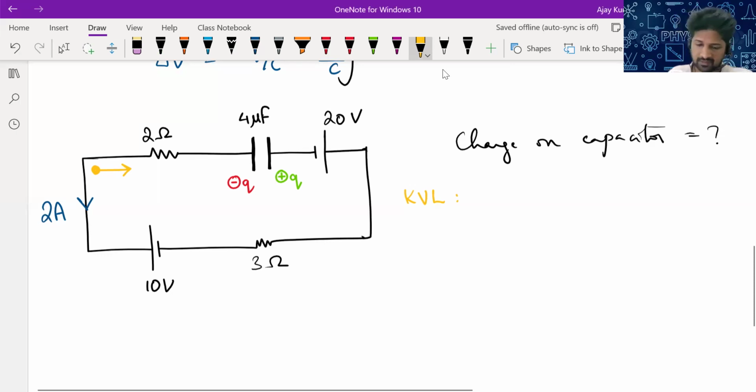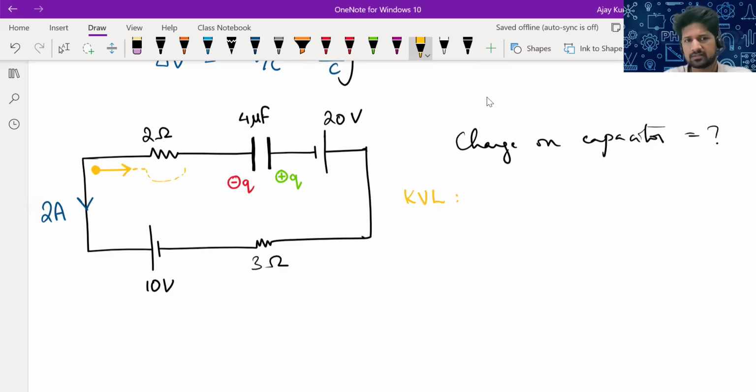Yes, sir. So tell me the KVL equation that you have written for this loop. So minus 2, I say. I is given as 2 amperes, no? But minus 4, sir.